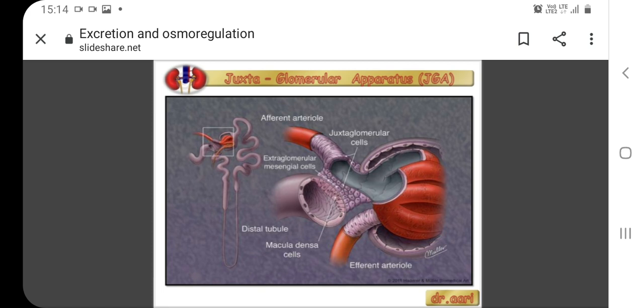The osmotic gradient increases as it moves deeper into the medulla. Because the two sides of the loop of Henle perform opposite functions, it acts as a countercurrent multiplier.